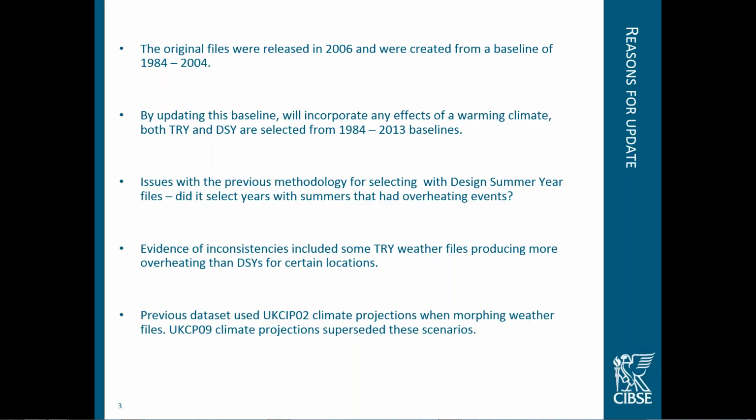The other thing is that the previous data set for the future weather files used different climate projections. In 2006, they were using UKCIP02 climate projections for morphing the weather data, but since then that was superseded by UKCP09 climate projections. So this also needed to be taken into consideration during the update.